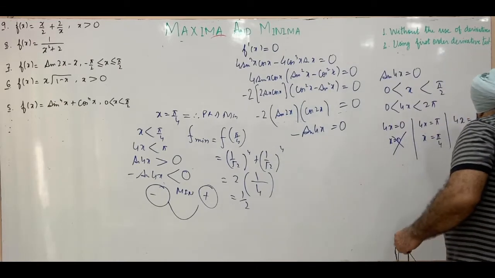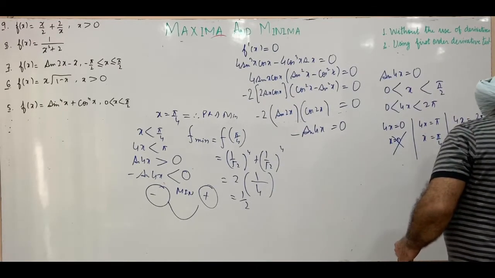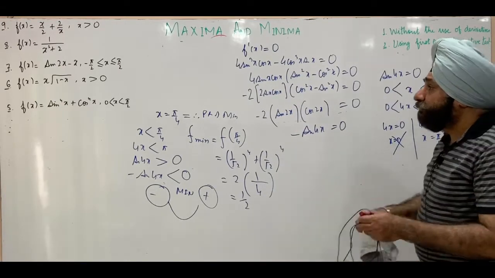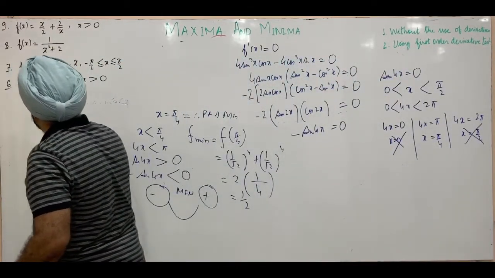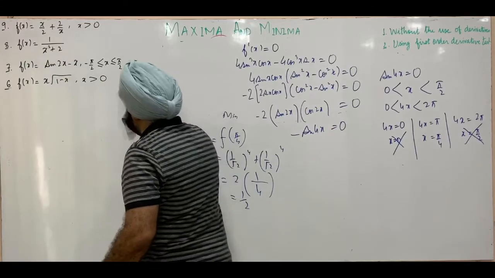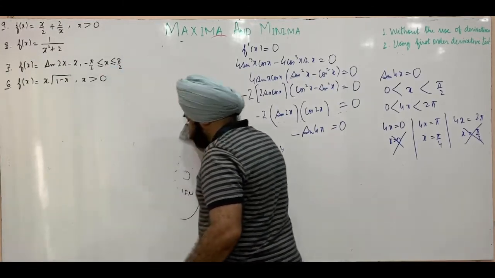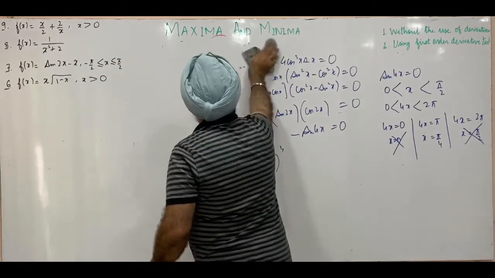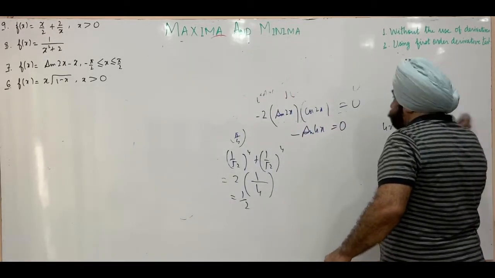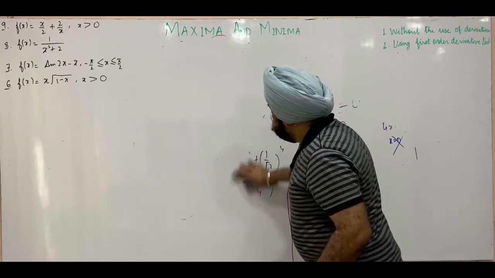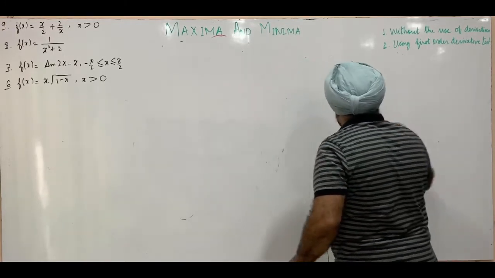Now the next one, the sixth question, we are given f of x is x into root of 1 minus x, and x is given greater than 0, x is given positive. Here also we have to use the first order derivative test to find out point of maxima or point of minimum.